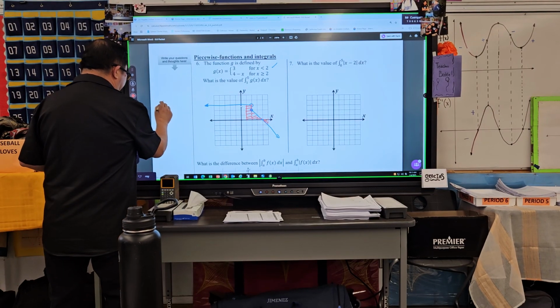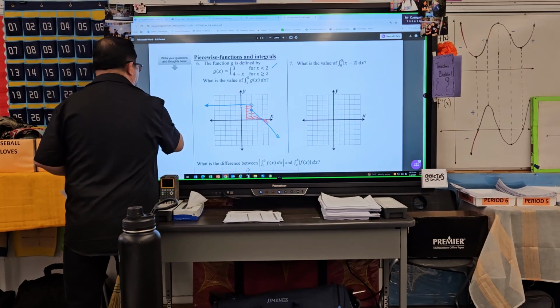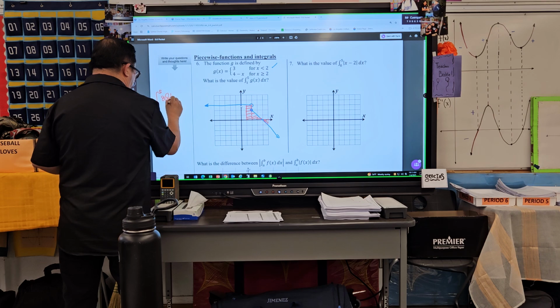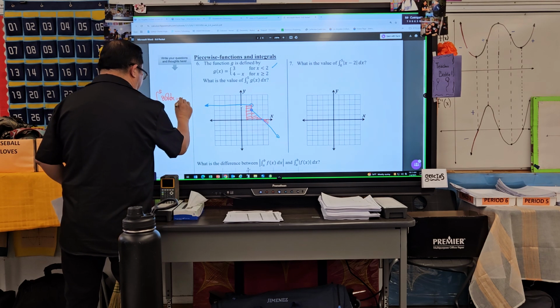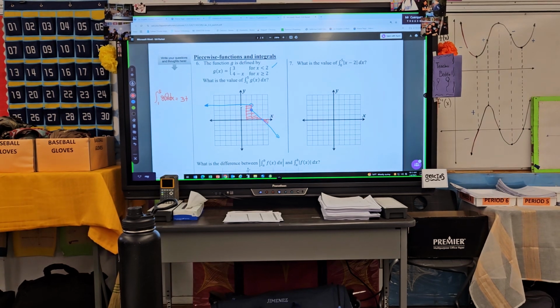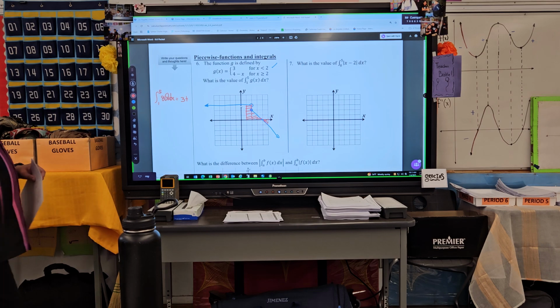We have 3. Can I just write first the integral from 1 to 5 of g of x dx as the first one is 3, followed by what is the area of the second one from interval 2 to 4? We have 2.